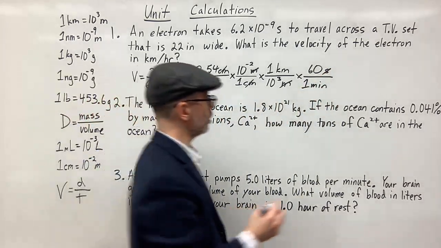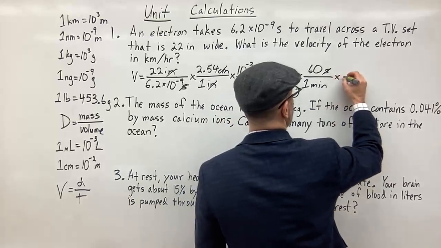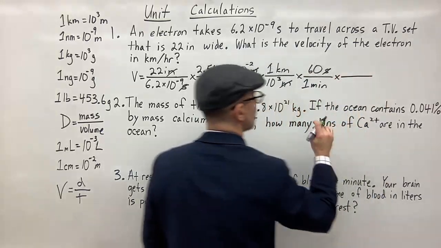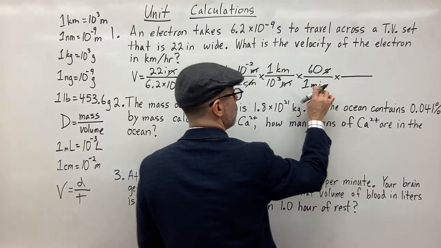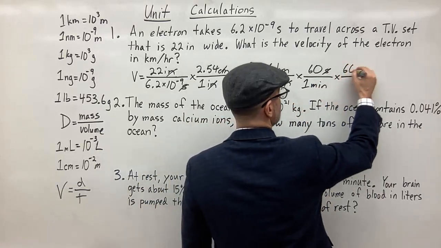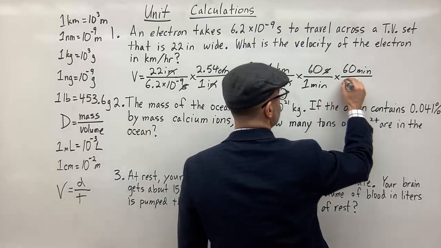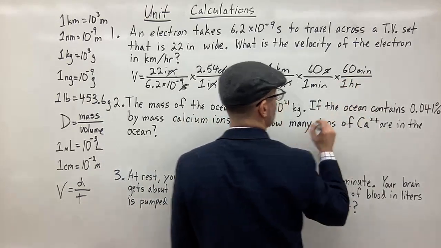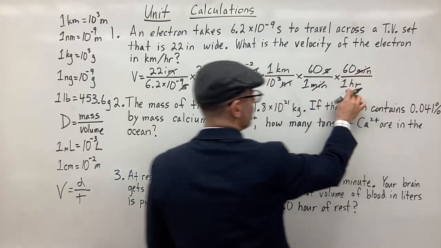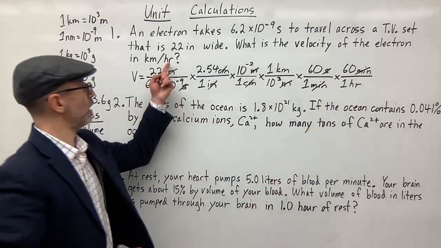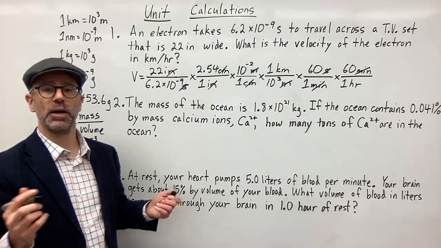Now I can do hours. There's 60 minutes in an hour. So minutes is on the bottom. So I'm going to put 60 minutes on top, 1 hour on the bottom. So minutes cancels out. Now I have hours on the bottom. Hours is what I want. So I'm done with my conversions.